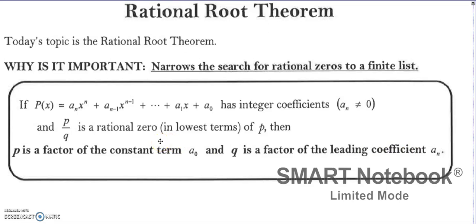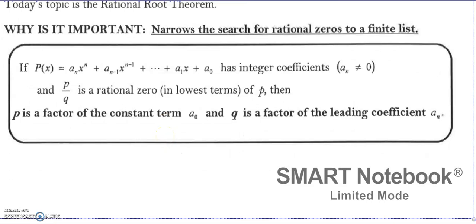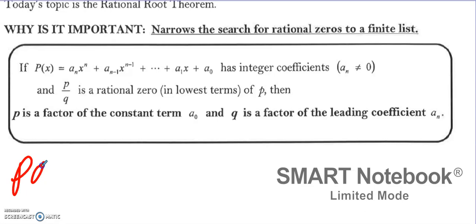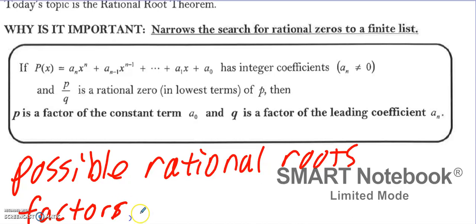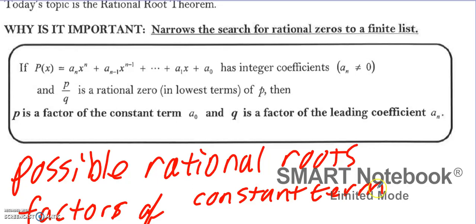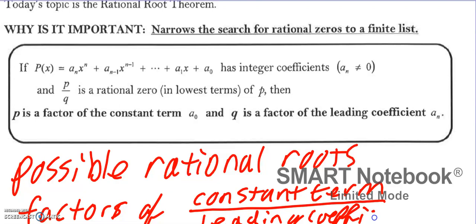If you're confused by that, what that is telling us is that our possible rational roots are going to be factors of the constant term divided by the leading coefficient.